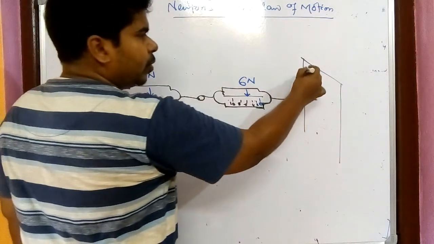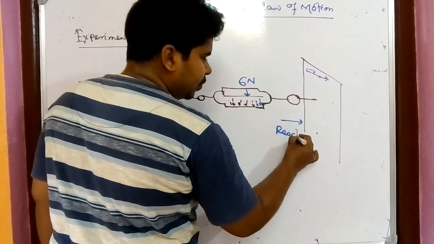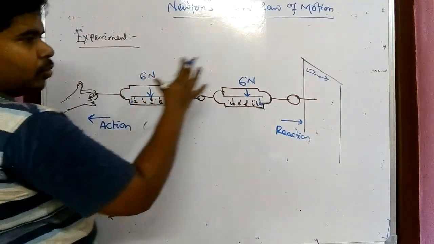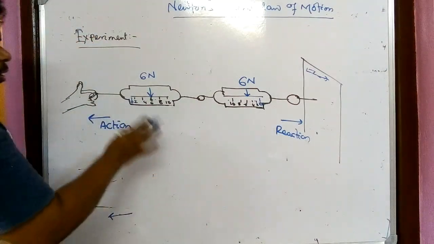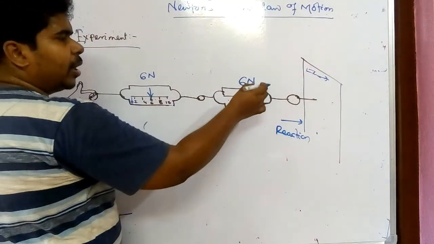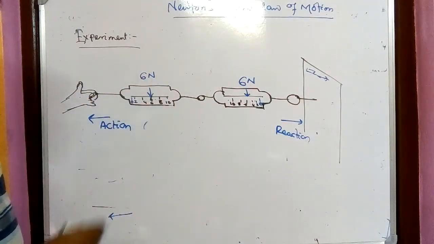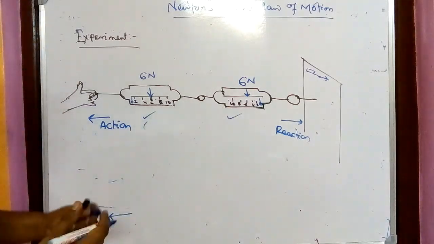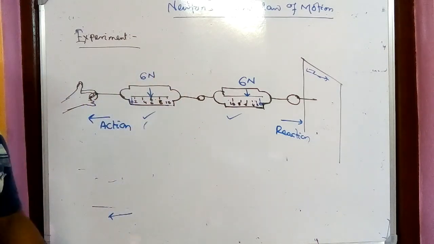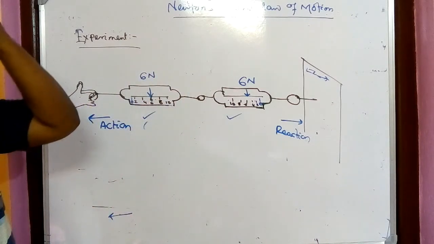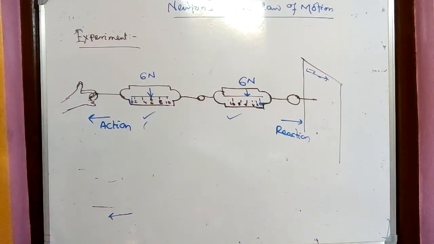And as it is connected with the wall, this wall will give a reaction to you. So you are applying action on the wall by this connector, and the reaction is shown by the wall to you, and that is measured by this spring balance. Here we have seen the two values of action and reaction are the same, that is 6 Newton. So by this experiment also we can say that what Newton has told is completely correct, that to every action there is an equal and opposite reaction.